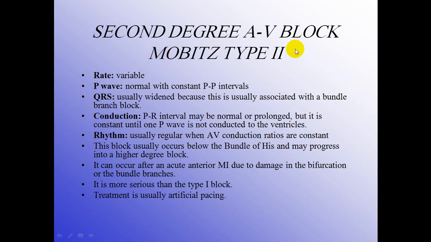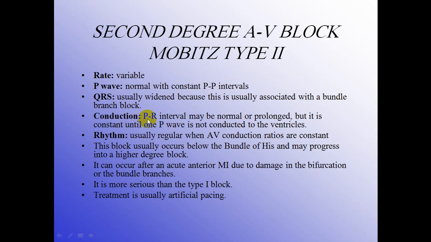While second degree AV block Mobitz type 2 is a serious, high grade block. It's different from that. What we see is a variable rate, normal with constant PP like second degree Wenckebach, but the QRS is usually wide because this is usually associated with bundle branch block. So the Wenckebach block, second degree AV block Mobitz type 1, is above the bundle of His. This one is at the bundle of His or below.